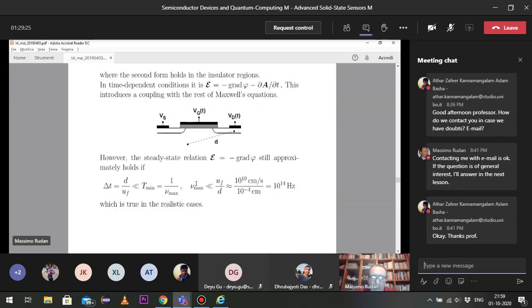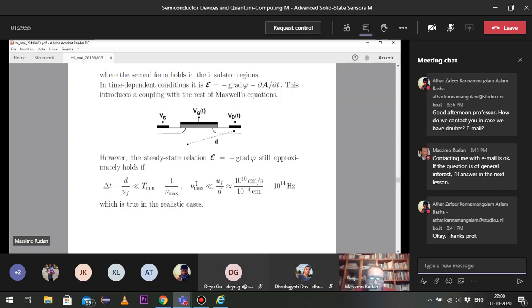So in conclusion, the smallness of the semiconductor devices is such that the propagation time of the signals inside the device is practically negligible. So it is as if the applied voltage does not change in time.